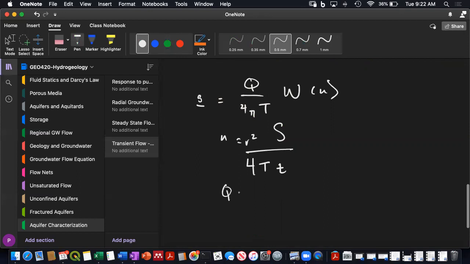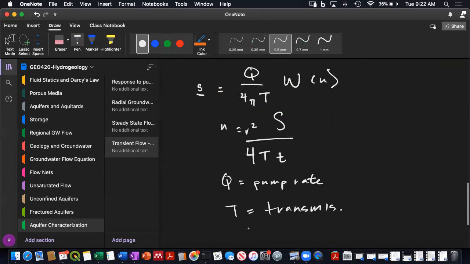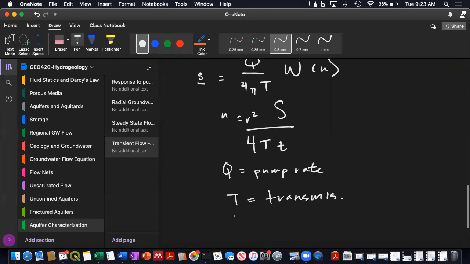All right, Q is my pump rate. T is transmissivity. What else do we got to define here? And S is storativity. Here for a confined aquifer, it's Ss times b.